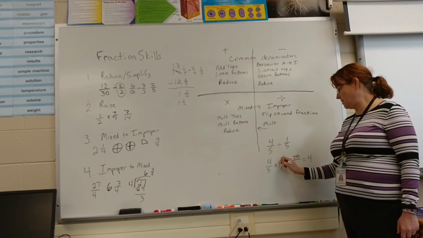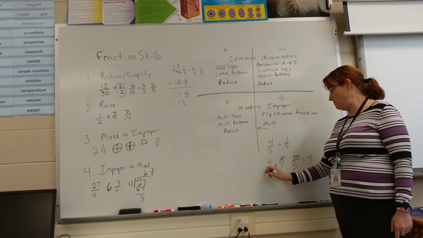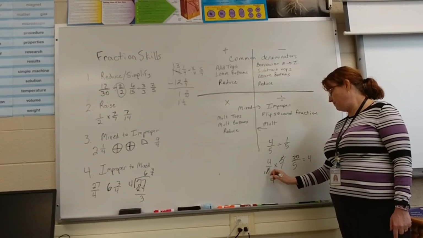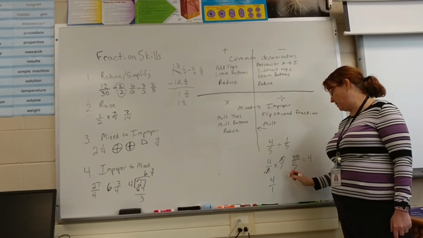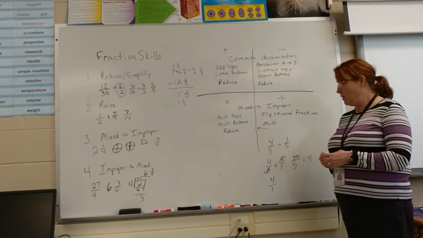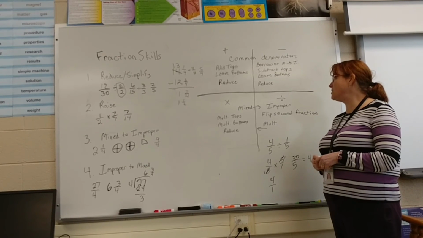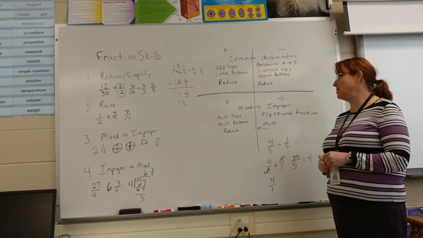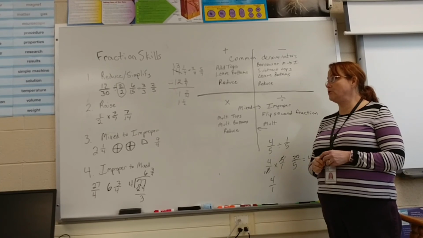If I understand how to cross cancel, these 5's cancel out. 4 times 1 is 4. 1 times 1 is 1, and I still get 4. So subtraction and division are a little different, but multiplication and addition are usually the easiest. And that's how you do fractions.